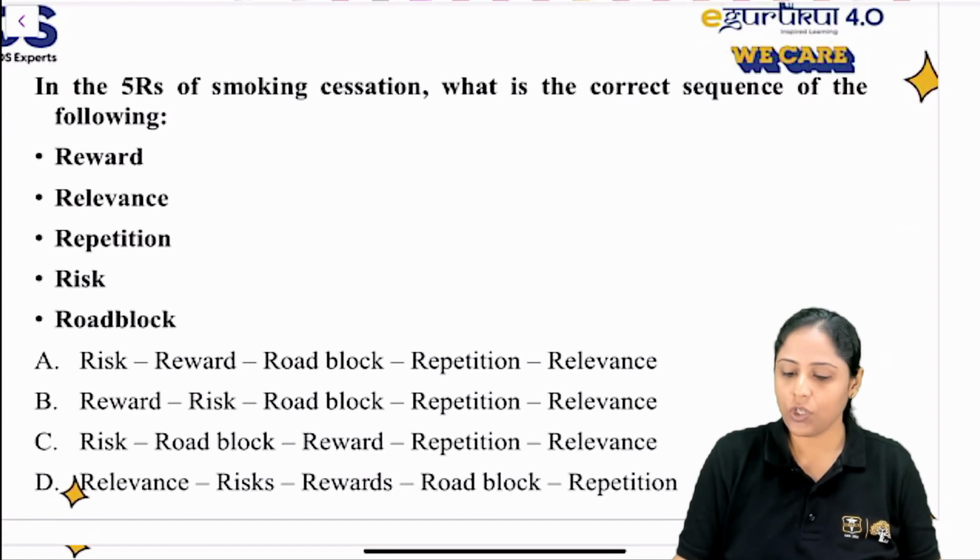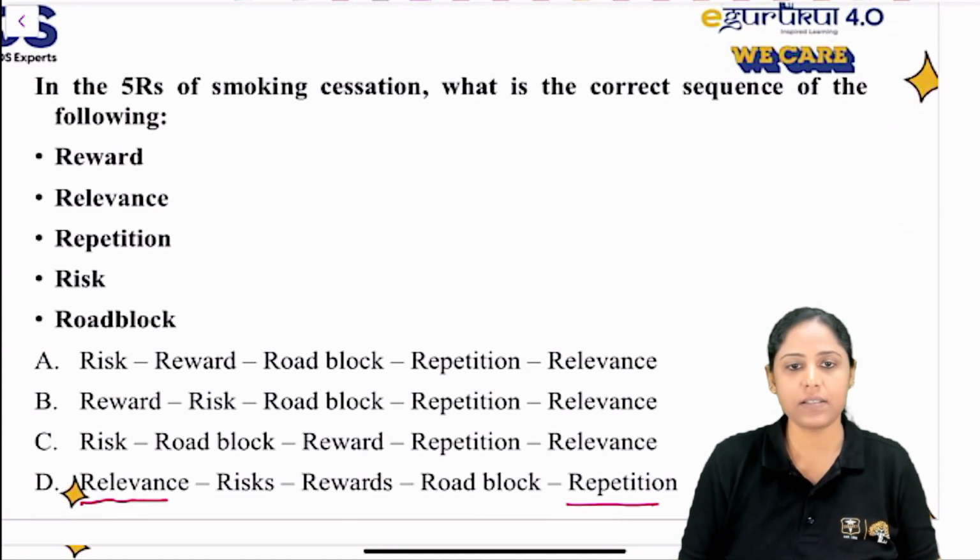The choice A to choice C has relevance in the end. Choice D has repetition in the end and relevance in the beginning. So it makes sense that we speak about relevance, then the risk, about the rewards, roadblock, and then we repeat it. So the right answer is choice D.